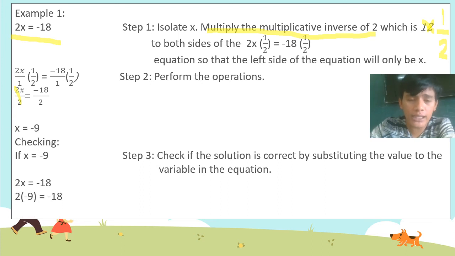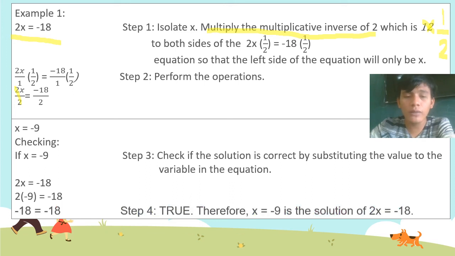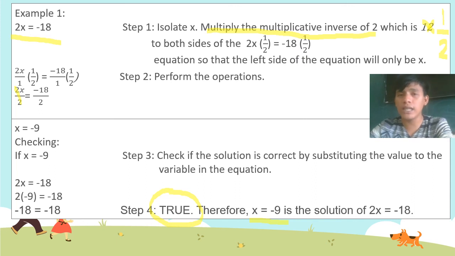And that is true. Therefore, x is equal to negative 9, and that is the solution of 2x is equal to negative 18.